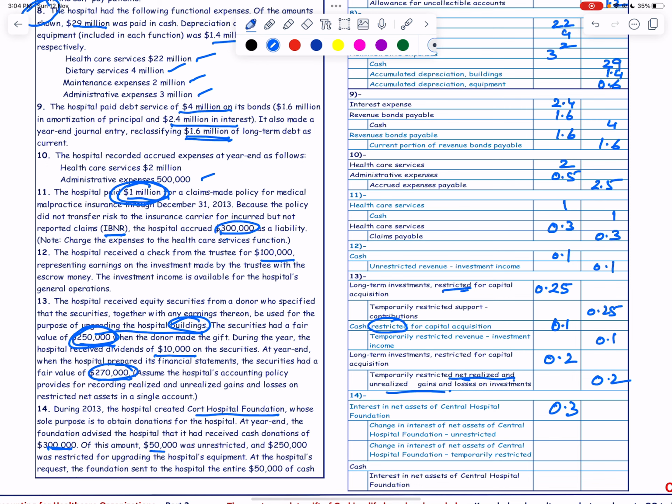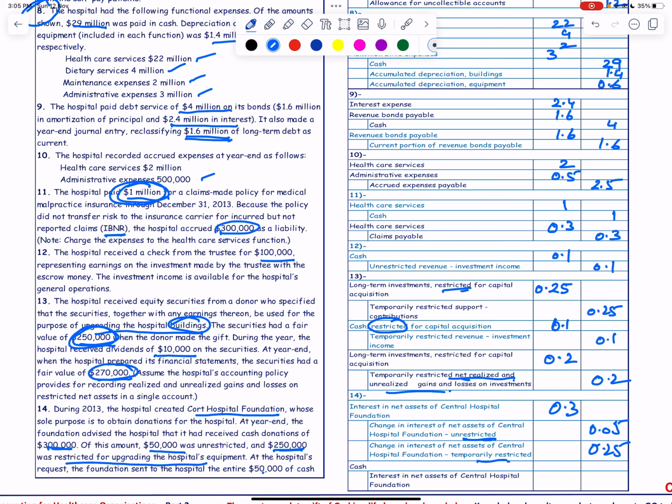Of this amount, 50,000 was unrestricted, so this is 50,000, that means 0.05. At the hospital's request, the foundation set up the 50,000, and 250,000 was restricted for upgrading the hospital equipment. So again, this is a temporary restriction, and this temporary restriction is for 250,000.